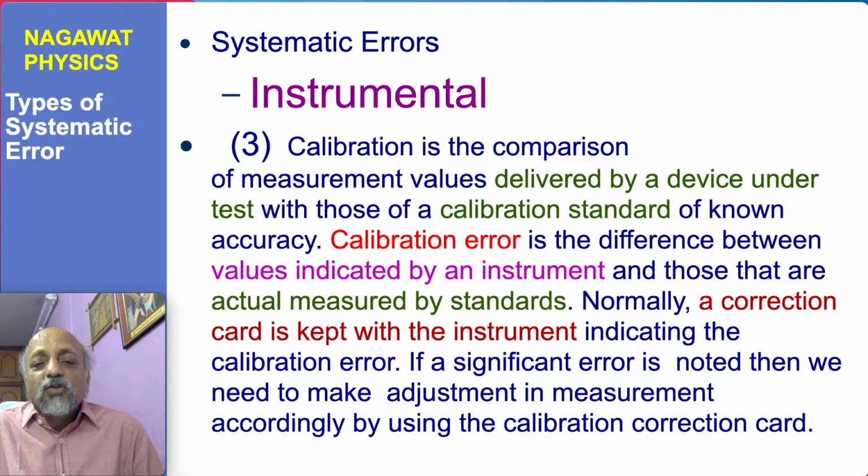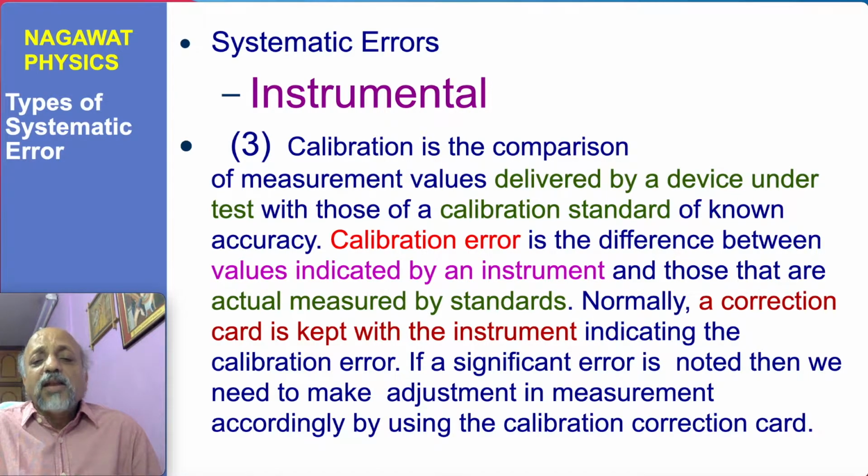So in the process of calibration, the error is determined by comparing the measurement of the instrument with the measurement of either actual standard measurement or measurement made by the standard procedures and standard methods, which are more accurate, and in that case we can arrive at the calibration record for the particular instrument. Normally a correction card is kept with the instrument and it is used for correcting the error which is because of calibration.